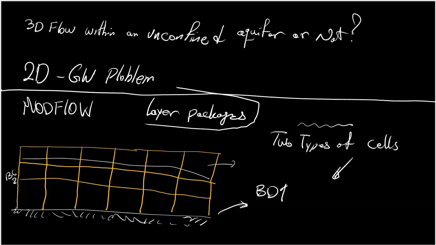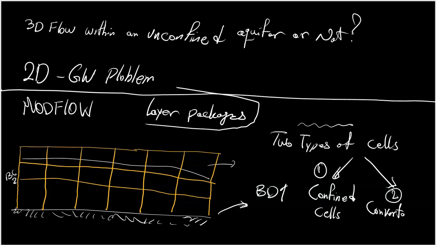Type 1 is confined cells. Type 2 is what they call convertible cells.